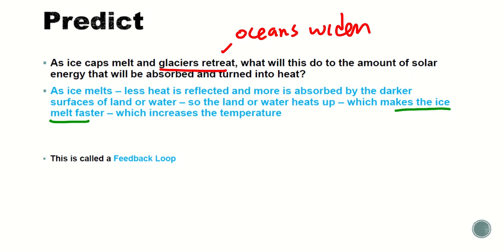And if ice is melting faster, that's also going to increase the surface temperature since it's not being regulated as well. And this is one of our feedback loops, and this is one of the concerns with the polar ice caps melting and glaciers starting to retreat.